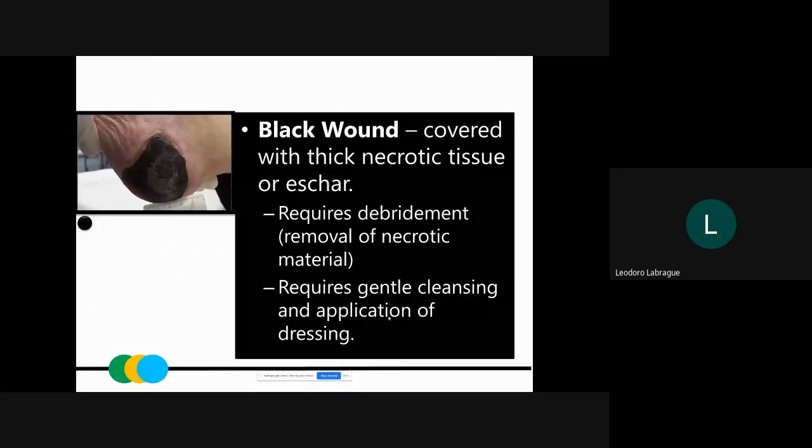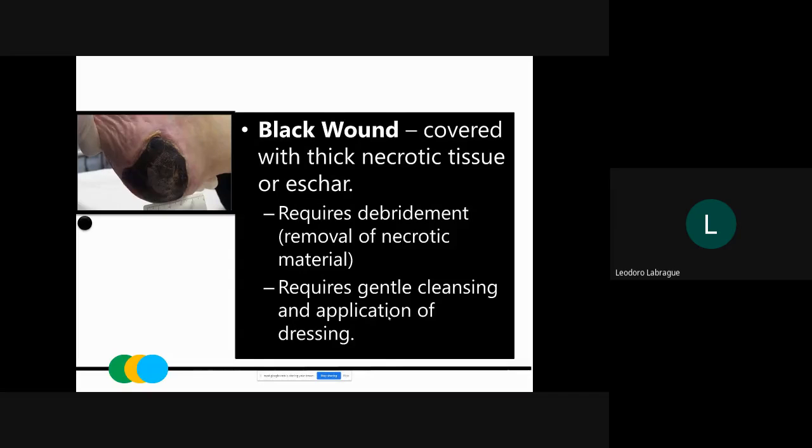Now, again, take note of the different colors of the wound. We have red, we have yellow, we have black. For each type of wound color, we have a specific treatment. For red, it requires protection, and we need to perform cleansing and application of dressing. If the wound is yellow, that means it is infected.